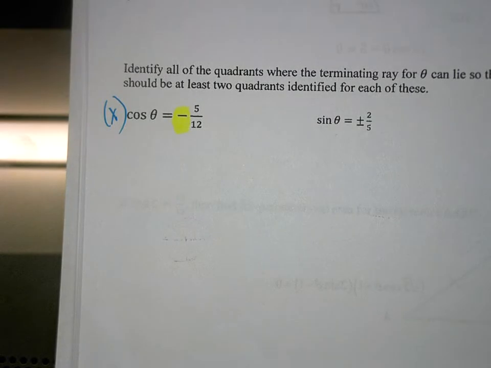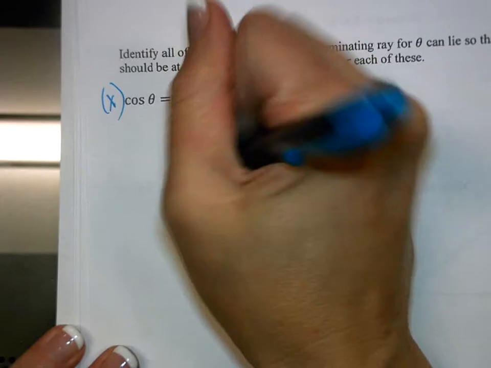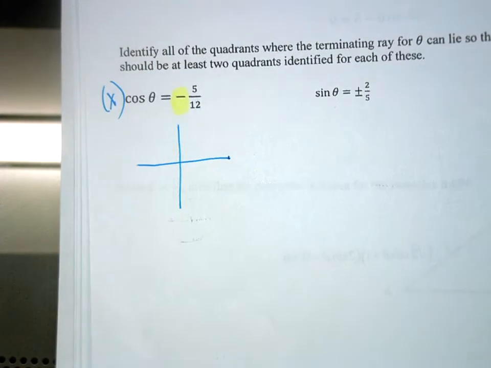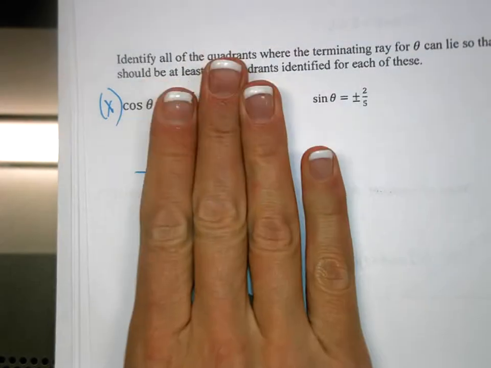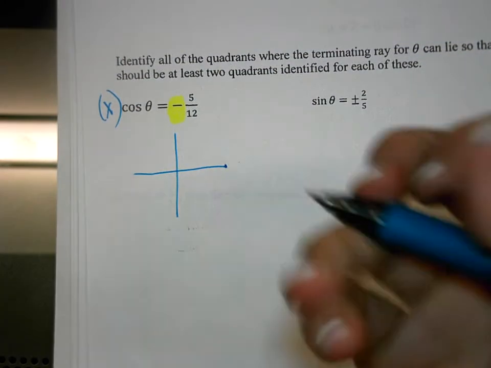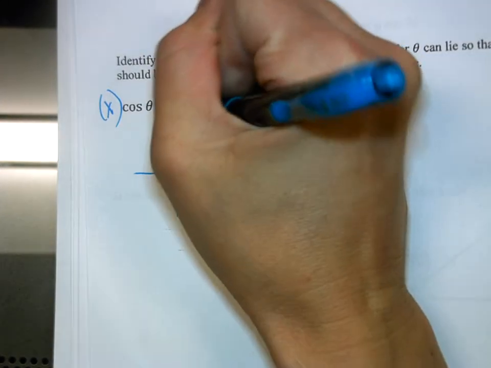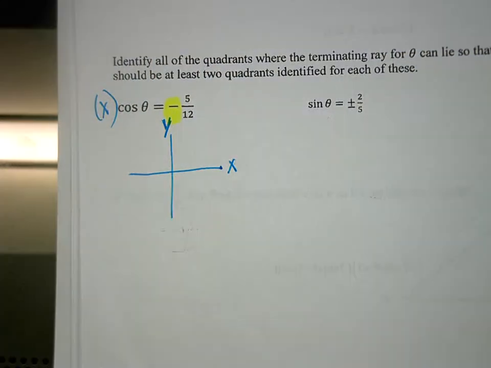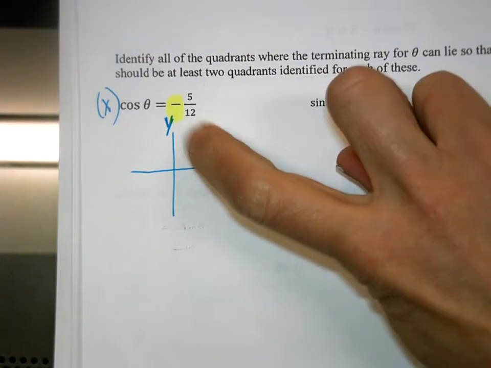Yes? Okay. So, if we are looking at our graph, our coordinate plane. Okay. This is our x-axis, this is our y-axis, correct? Okay, so in this quadrant right here, the x values are what?